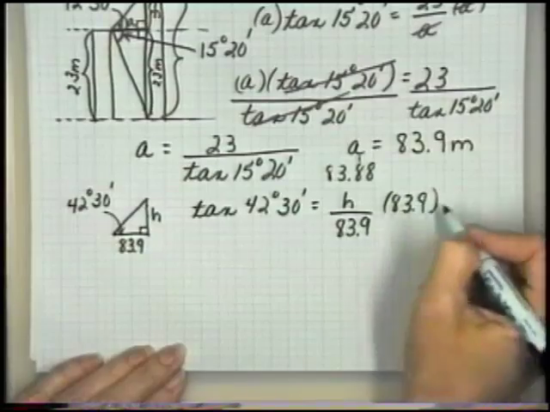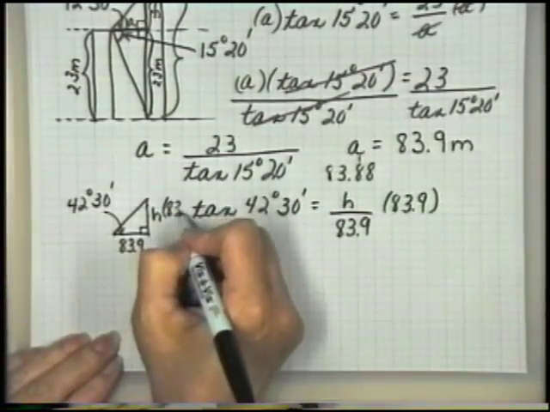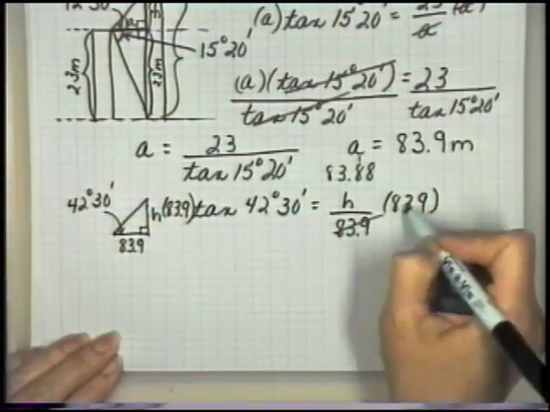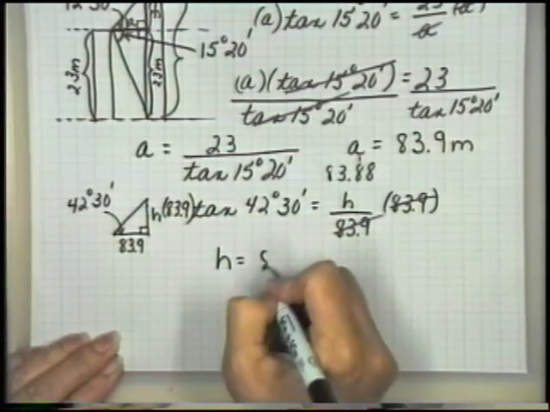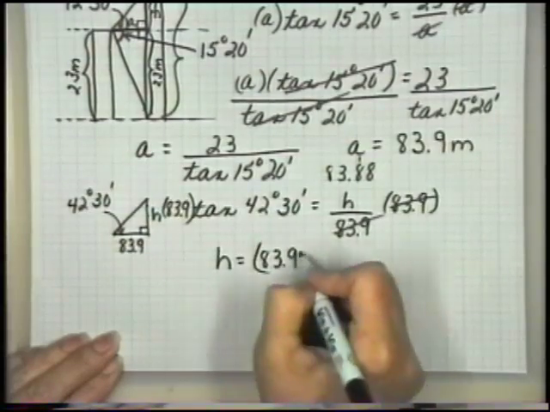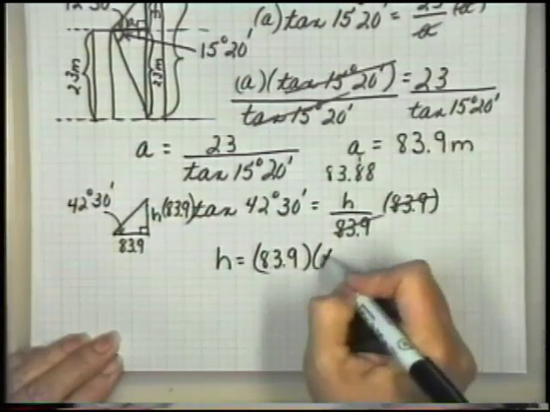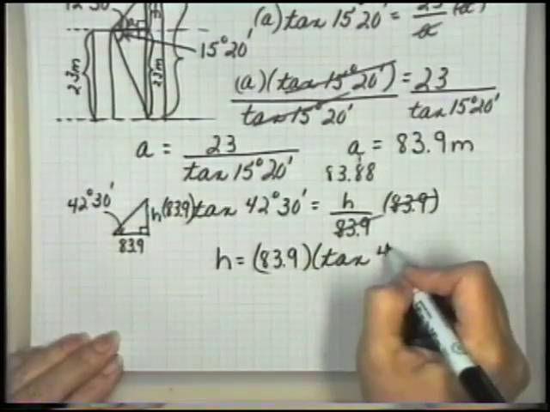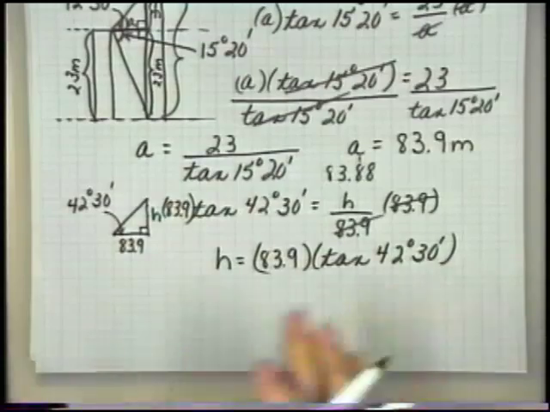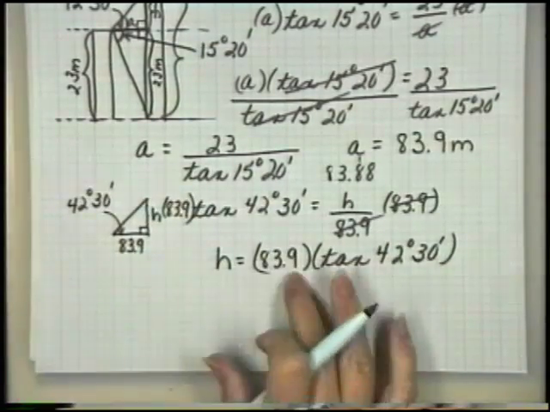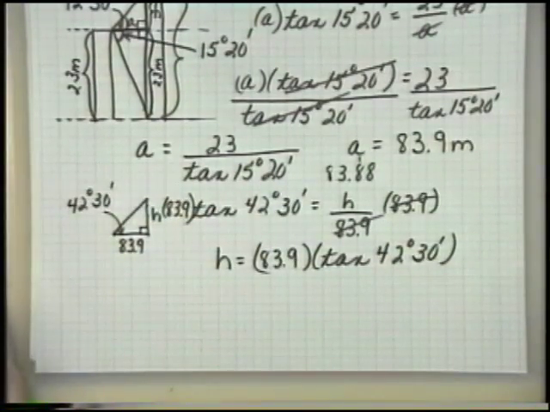To solve for H, I will multiply both sides by 83.9. Those divide to 1, and H is equal to 83.9 multiplied by the tangent of 42 degrees 30 minutes. And once again, in this lesson, we've done several calculations like that. So if you have forgotten how to do that, look back at one of those other problems.